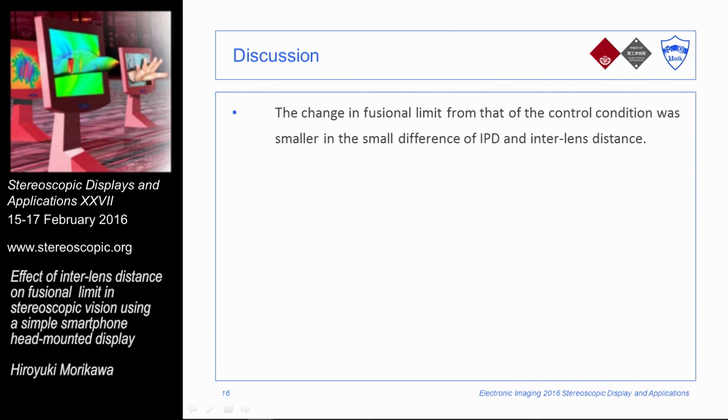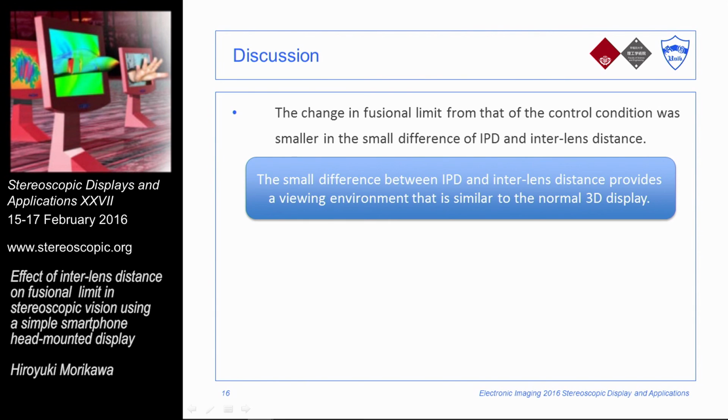As a result, the changes in fusional limit from that of the control condition were smaller when the difference between IPD and interlens distance was small. This result suggests that a small difference between IPD and interlens distance might provide a viewing environment that is similar to a normal 3D display.